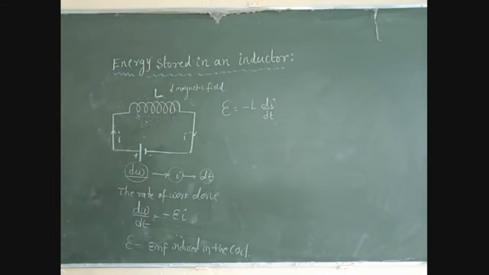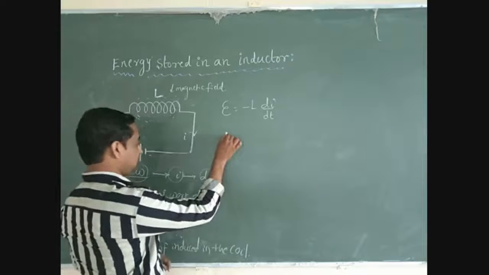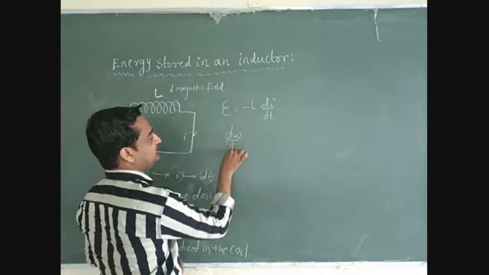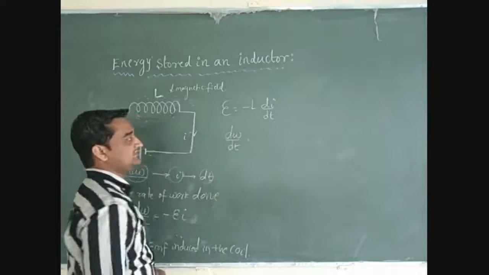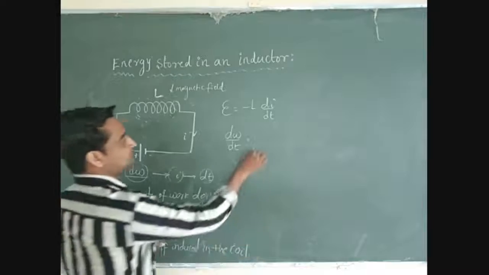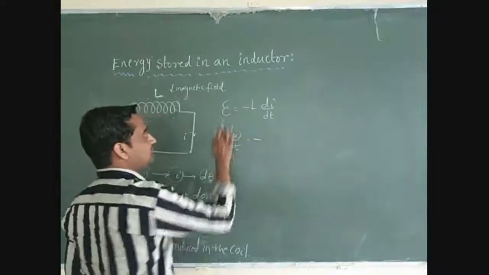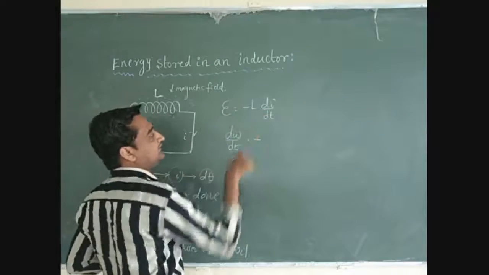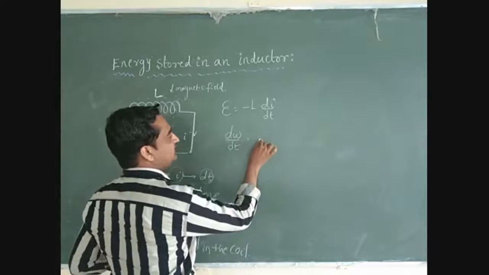Again, from these two expressions, let us substitute the value of E here. Therefore dW by dt is equal to minus E, and E is equal to minus L into di by dt. Therefore this becomes plus.